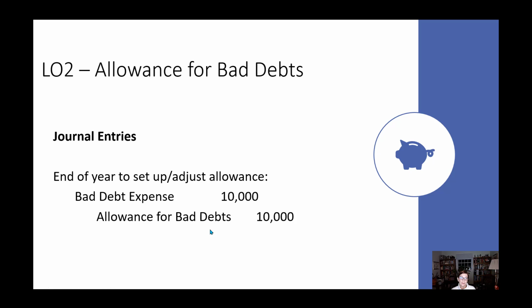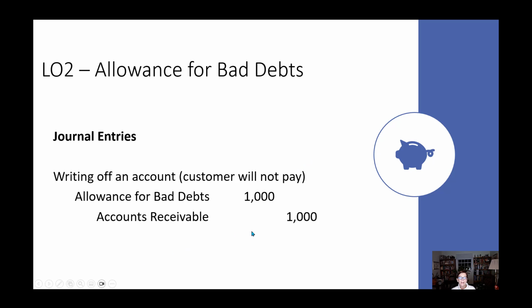That's a contra asset account. This is an estimate. The final balance in the allowance is how much the company believes they will not collect.